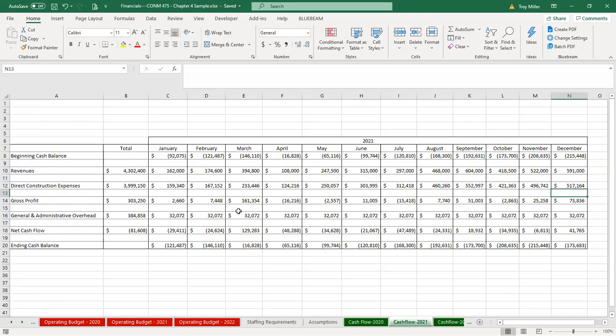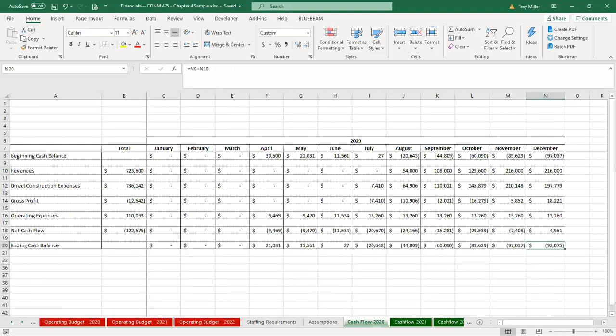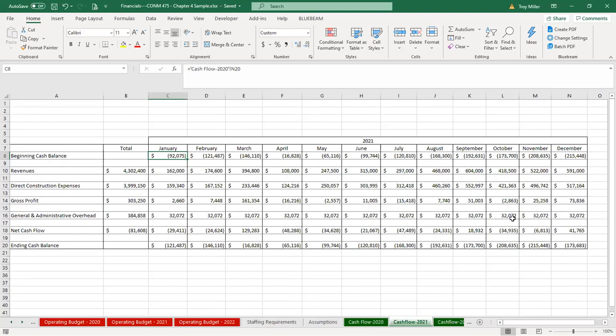So really quickly on this cash flow, my beginning cash flow is the ending cash flow of the prior year. And then I simply come through here and keep going through that same process. But make sure that on your first month you're always going back to the other fiscal year. So I end my first job in February.